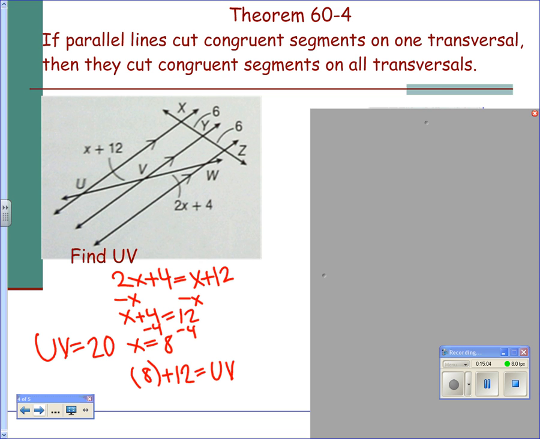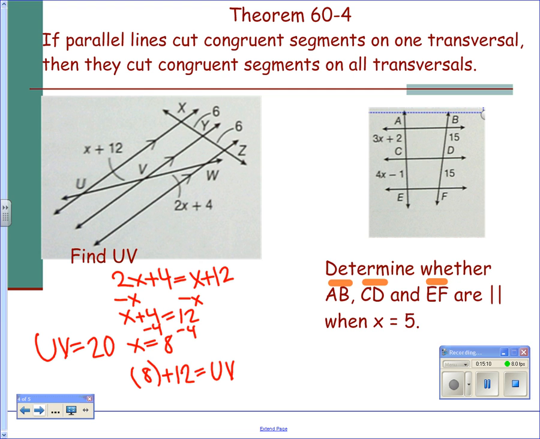Any questions there? Okay. Looking at another example. They want you to determine whether the lines are parallel when x equals 5.